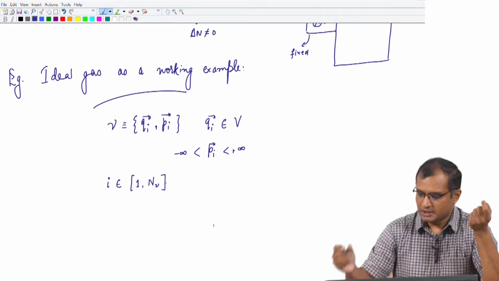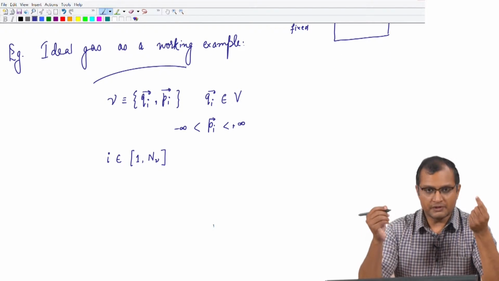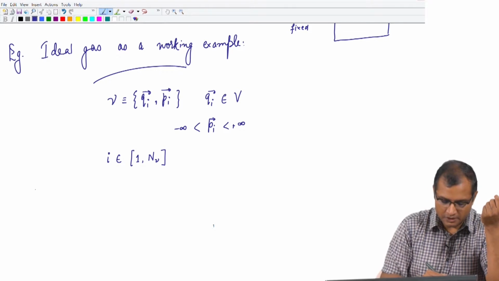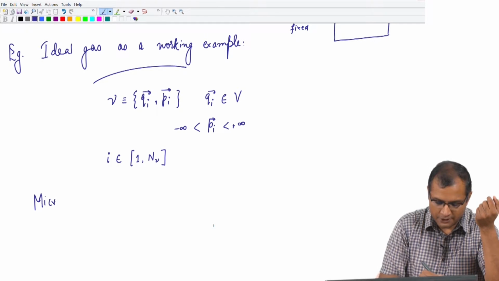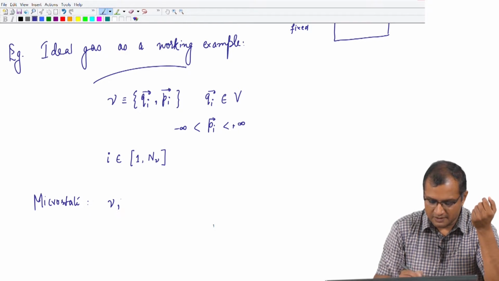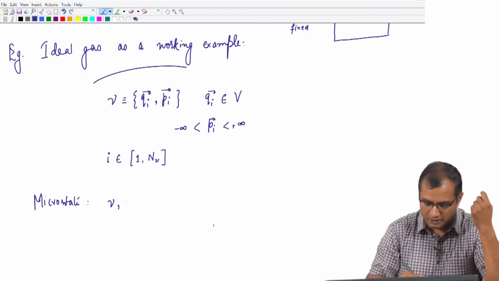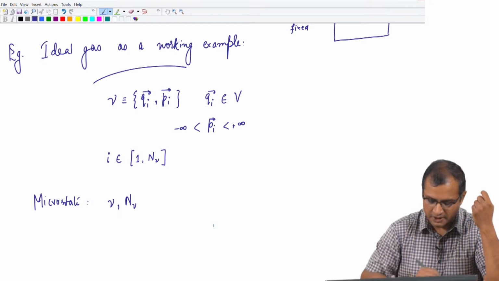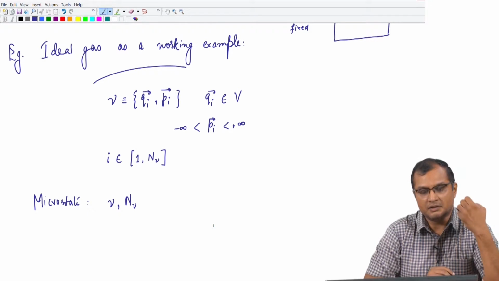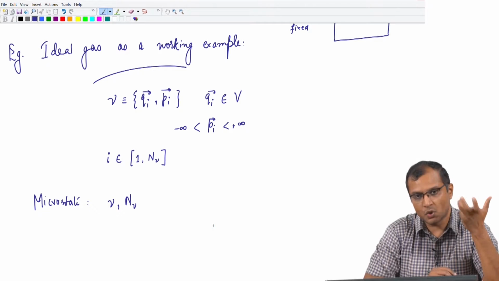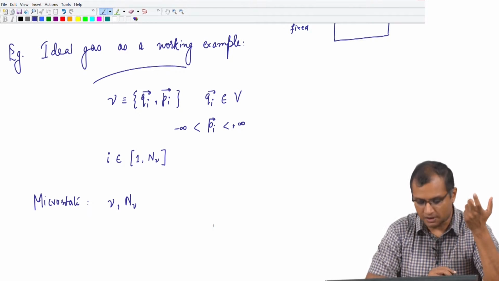So, you cannot just use nu as your microstate, you have to use a doublet, that is a set of Q and P, but with number of particles being N_nu. So, this doublet here jointly represents a microstate.